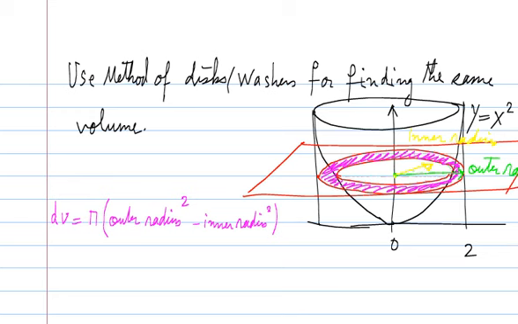If I just multiply that by the thickness, so these washers have some thickness, the size of this thickness would be just a differential of the axis of rotation.